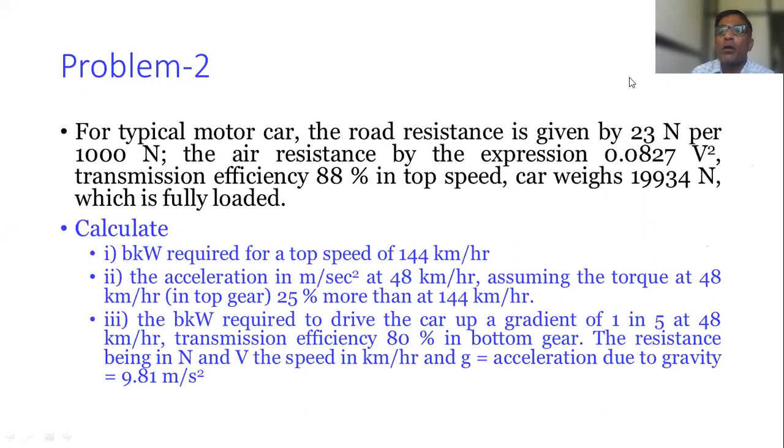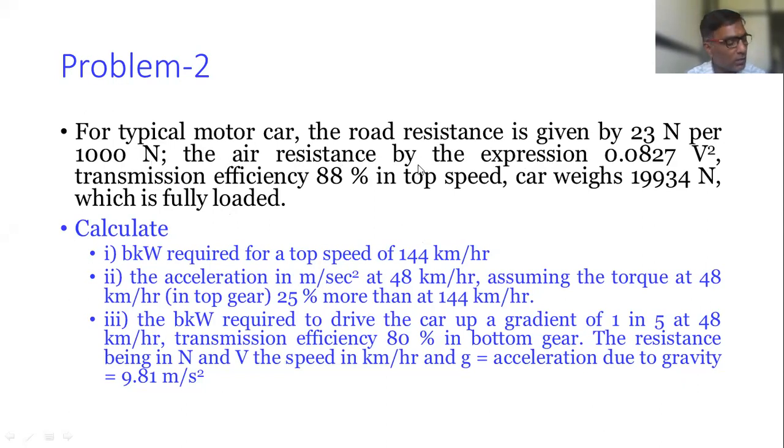Okay, so we'll resume from yesterday's slide. So this is the problem statement which I had given during yesterday's lecture. I will read it for your information. For a typical motor car, the road resistance is given by 23 Newton per 1000 Newton.